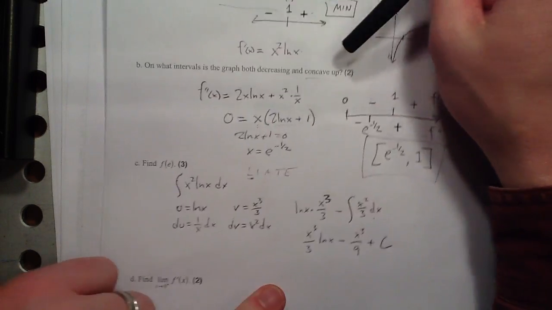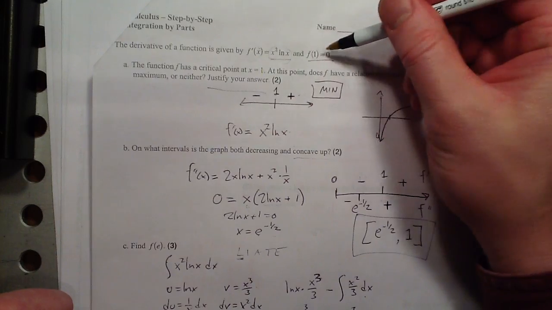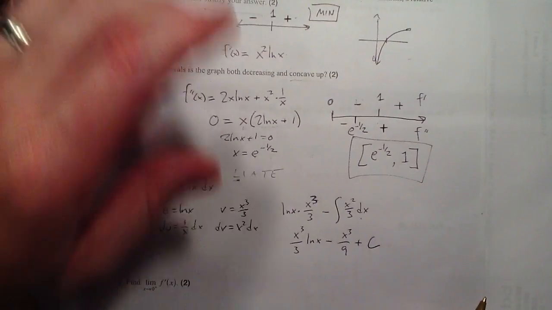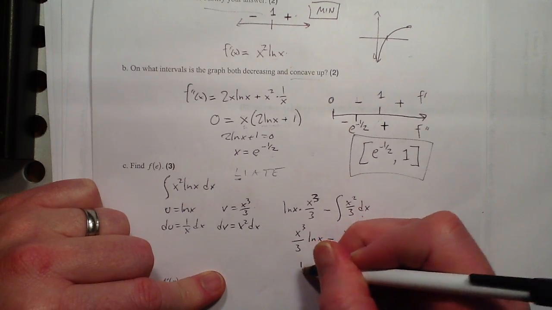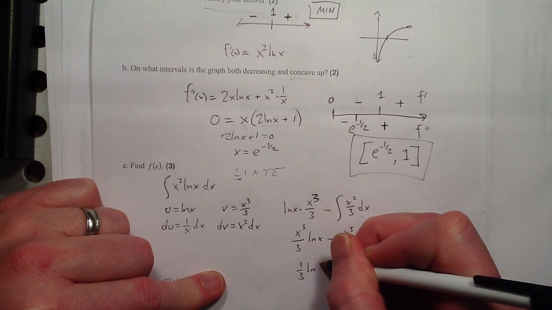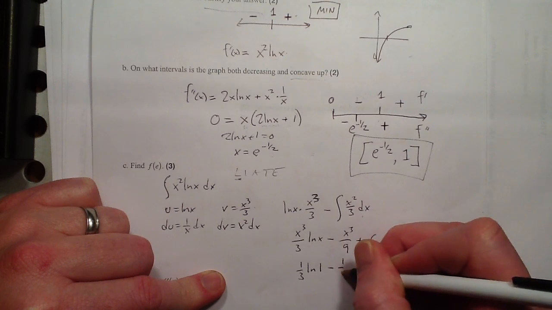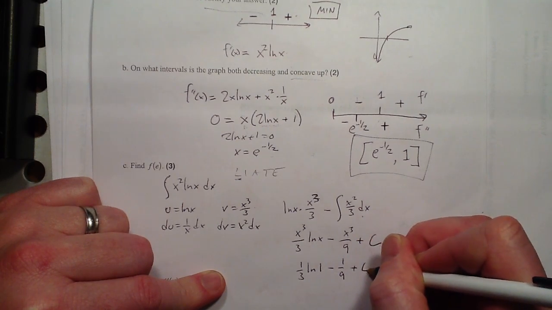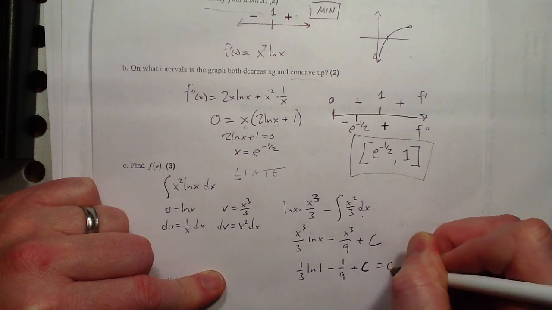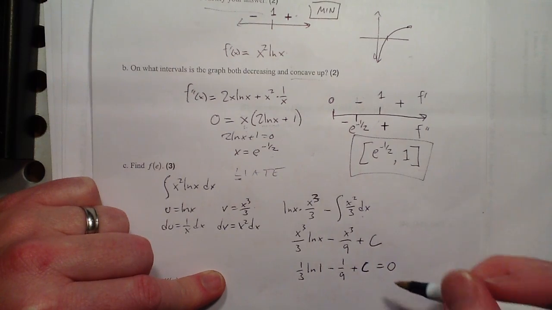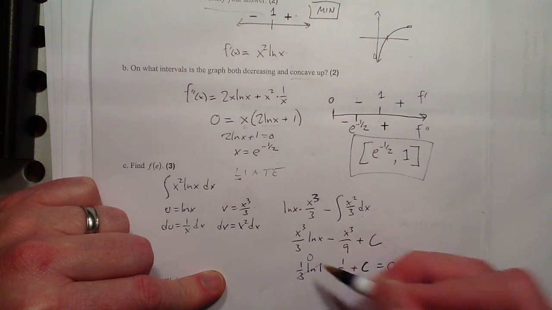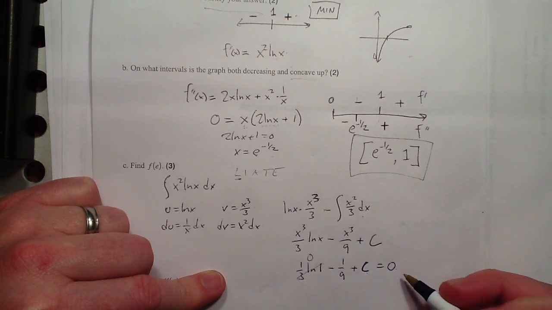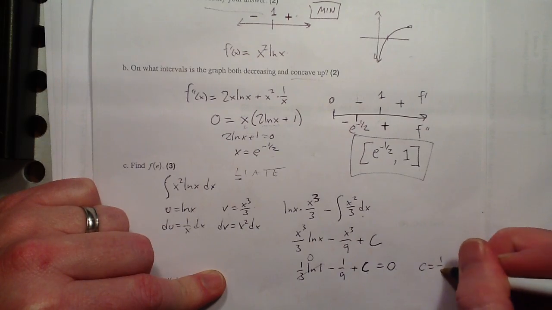Now, our original point that they gave us is the point (1, 0). So plugging 1 into this, I get 1/3 times the natural log of 1 minus 1/9 plus c is equal to 0. Well, natural log of 1 is 0, so c is going to be 1/9.